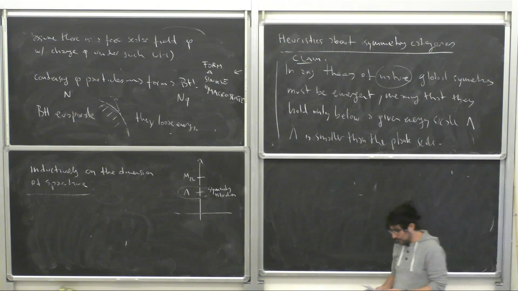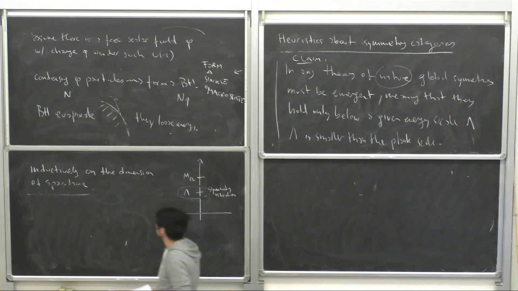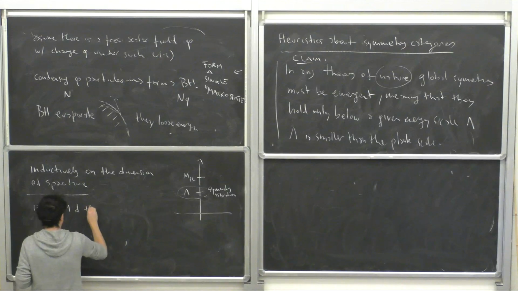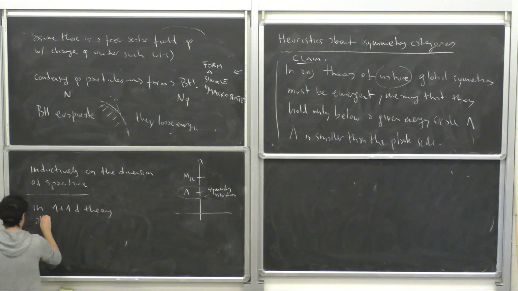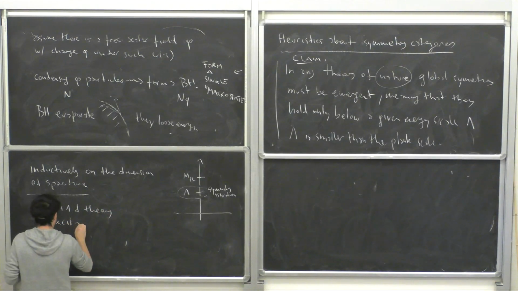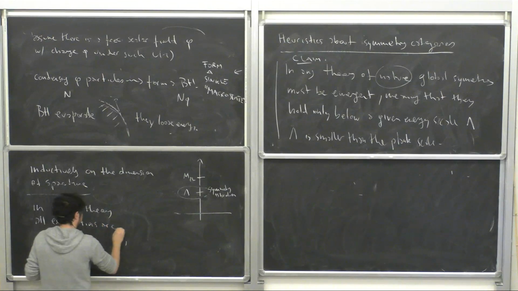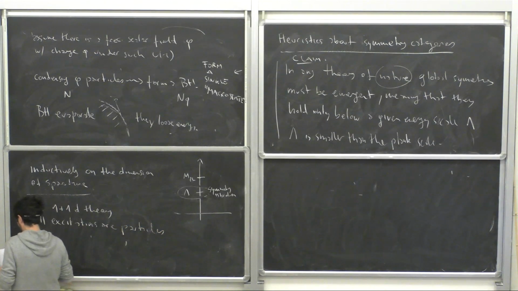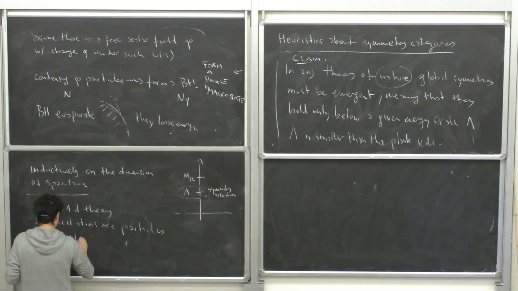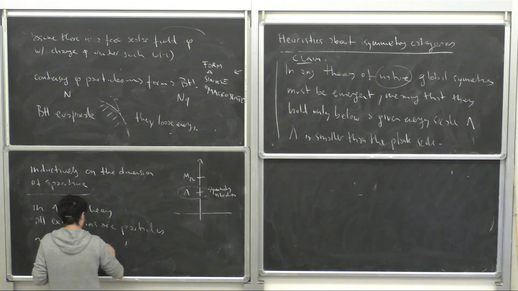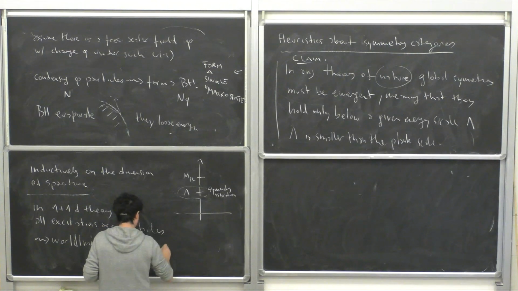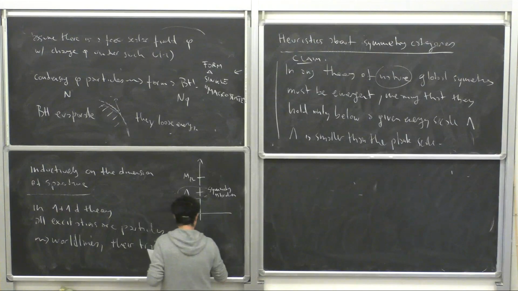So in a 1+1 dimensional theory, all excitations are particles. And particles have worldlines, which are trajectories in space-time.